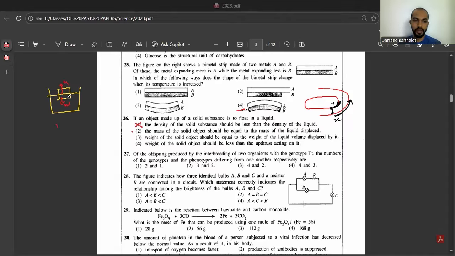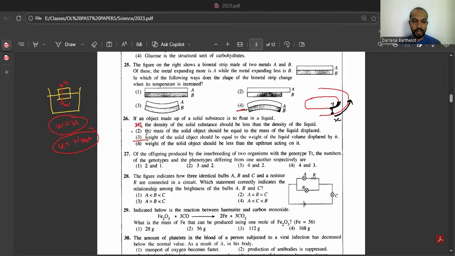As you know, when an object is floating, upward and downward forces should be equal, which means weight should be equal to upthrust here, right? And according to Archimedes, upthrust should be equal to weight of the displaced fluid. If you consider these two equations, upthrust is common, which means weight of the object will be equal to weight of displaced fluid. So the third one is correct.